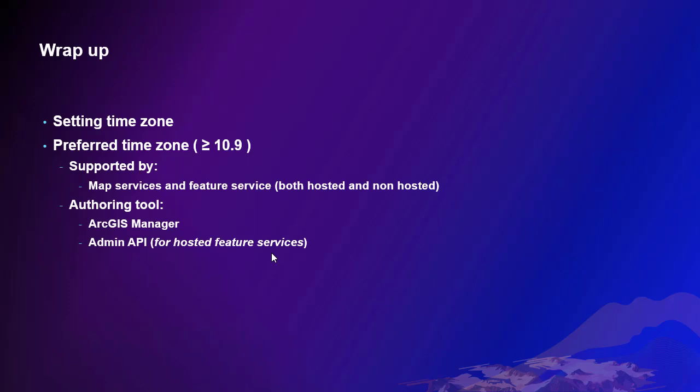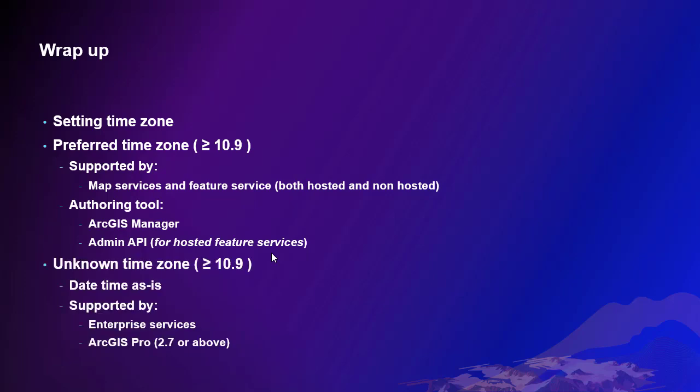It's supported by map service and feature service, both in hosted and non-hosted environments. To author the preferred time zone, you have to use ArcGIS Manager for non-hosted services. For hosted feature services, you have to use the Admin API, and we talked about a blog that described how to do that. And then there is the unknown time zone, again new starting at 10.9.